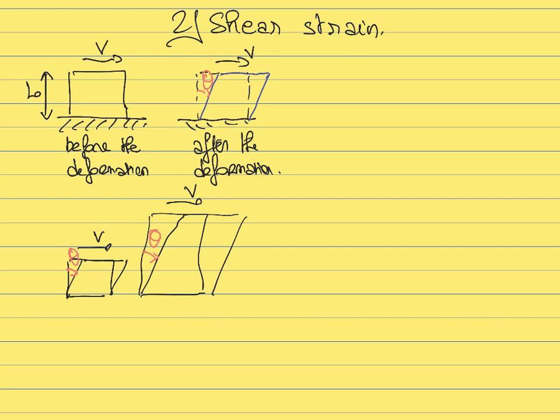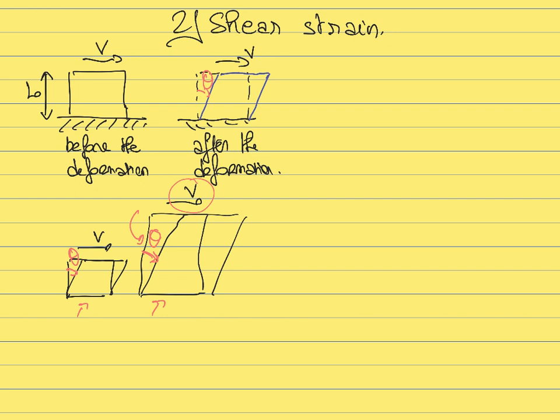Why? Because in this case, even if the beam on the right here is 2 times longer than the beam on the left, this angle here is going to be the same in those two beams. For the same shear load, this will result in the same angle here.